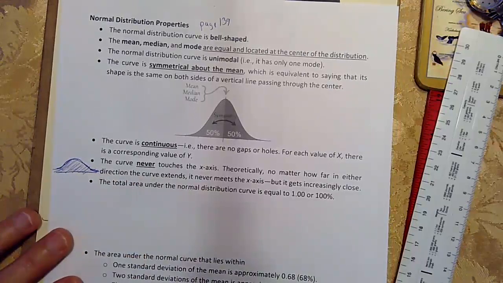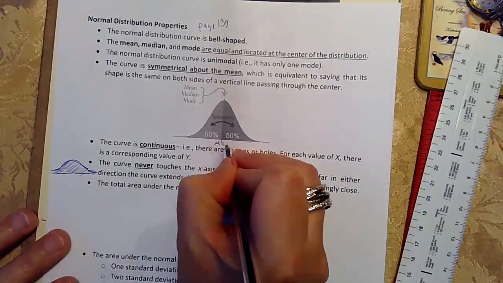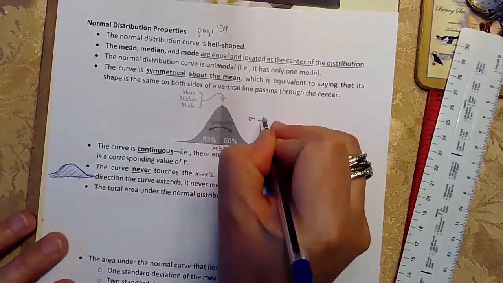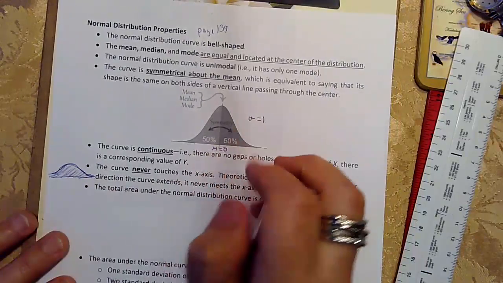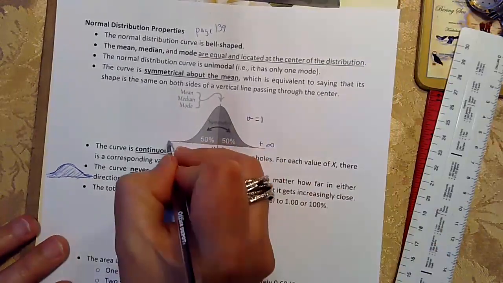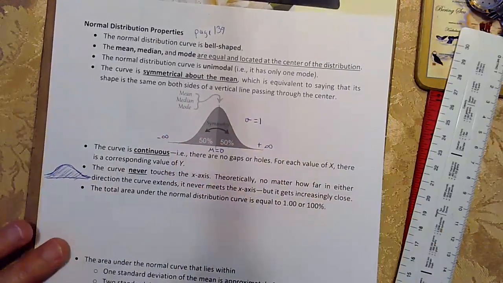The other thing is, a lot of times your teacher will draw this mu. Let's say mu is 0. A lot of times I'll be drawing this sigma is 1 in this section. This is called positive infinity. This over here is called negative infinity, shaded forever in the negative direction.